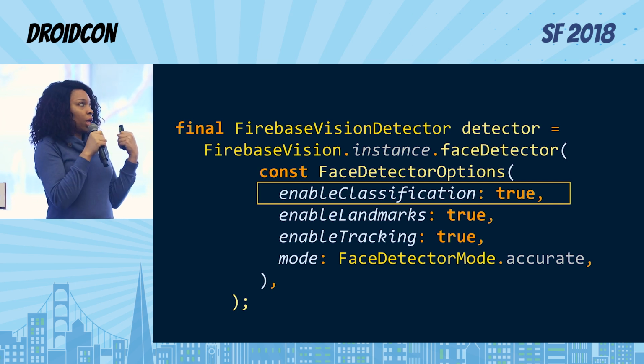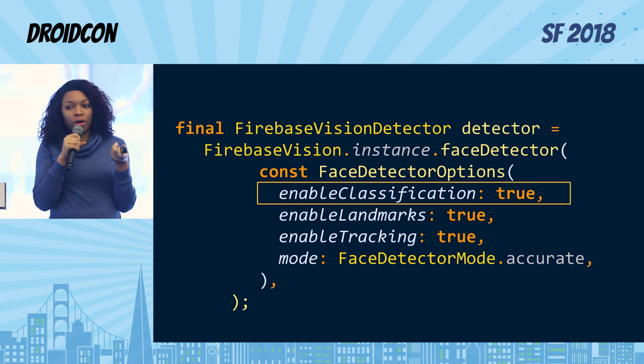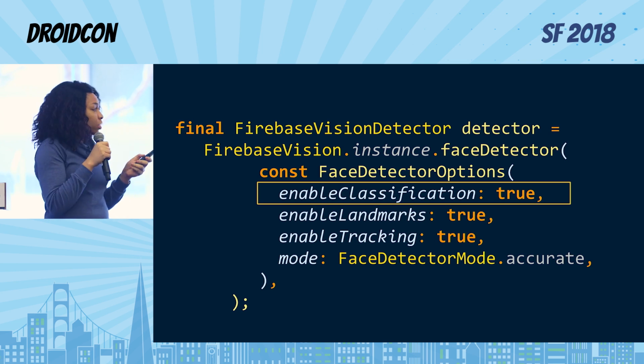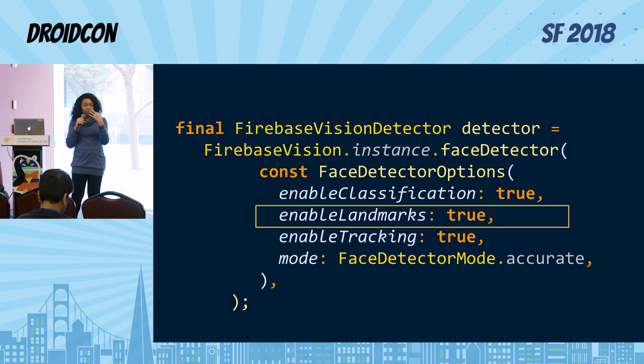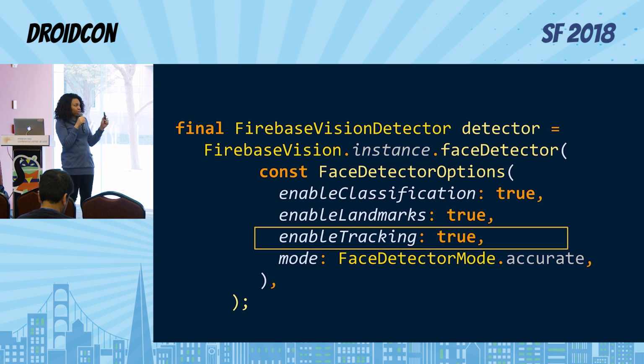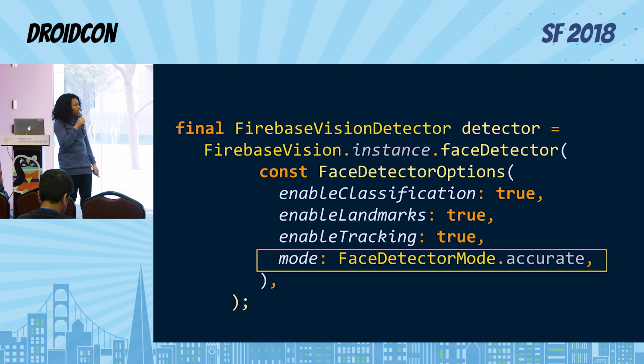So it's telling you more about the faces in the image. And if I want to enable landmarks, a landmark is like your left eye, your right eye, your cheek, your nose and stuff like that, I'll enable that. Enabling tracking just means, in a video stream, keep track of this face. And the default mode that's enabled is fast, but I wanted it to be more accurate, so I enabled accurate. So that's pretty much it.